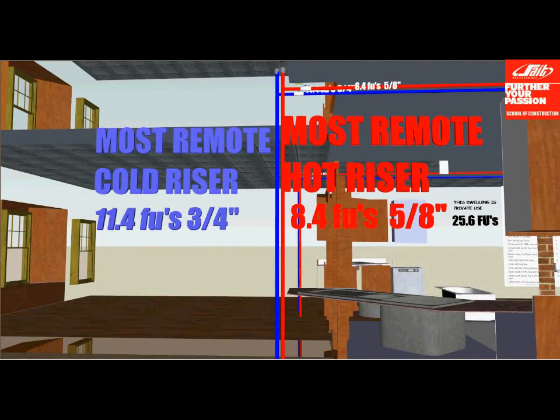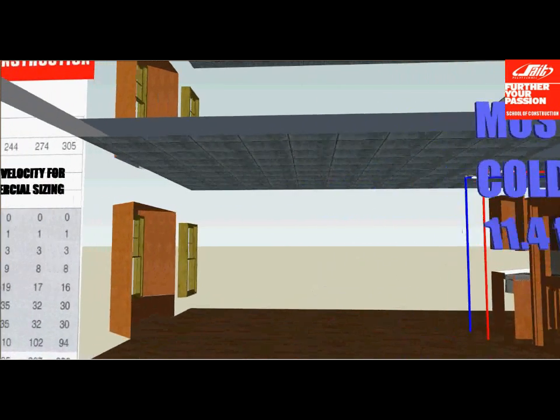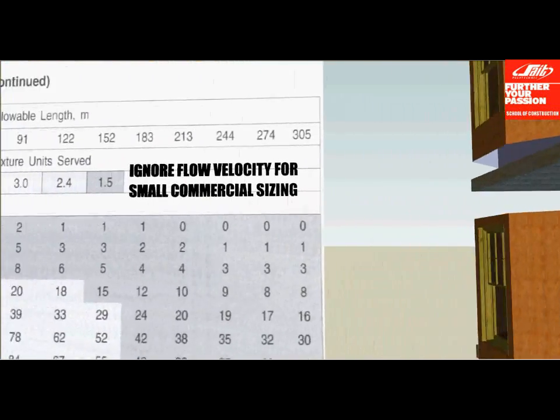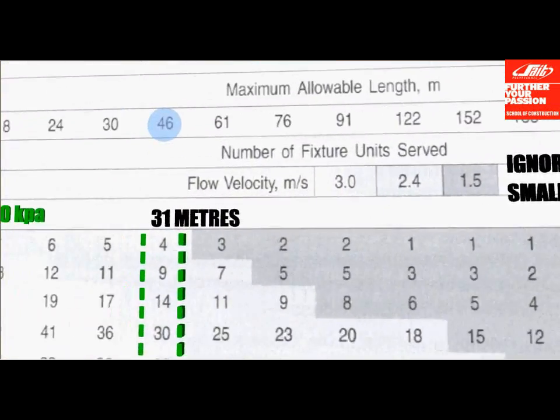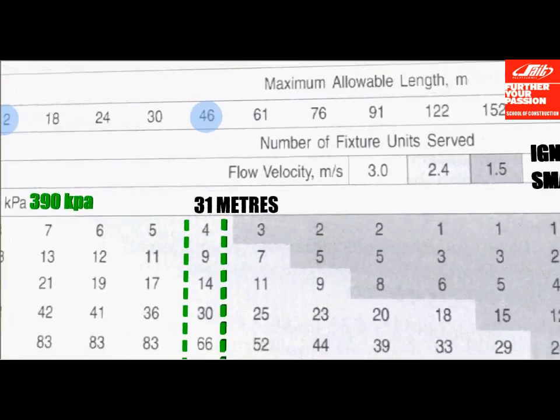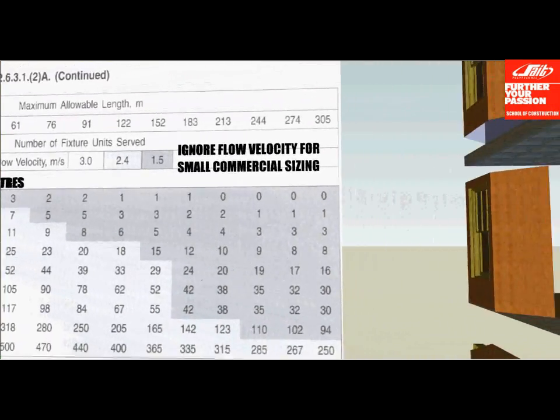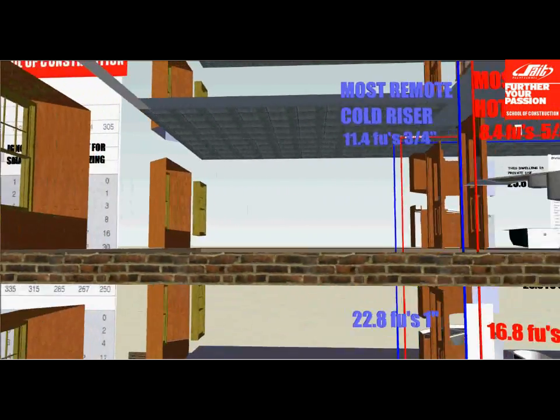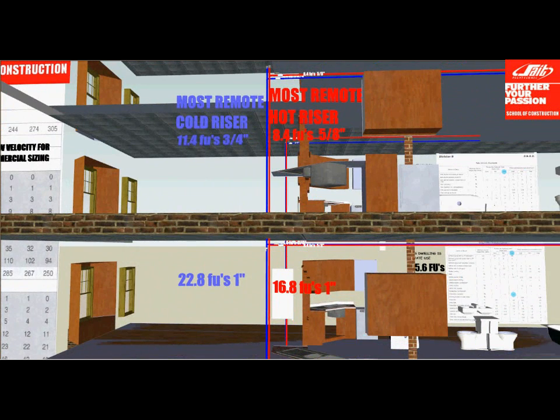Scrolling across to table A2631 under the 9 fixture unit column, you will realize that the 8.4 fixture units will equal a pipe size of 5/8, thereby meaning that the hot riser will indeed be 5/8 of an inch.